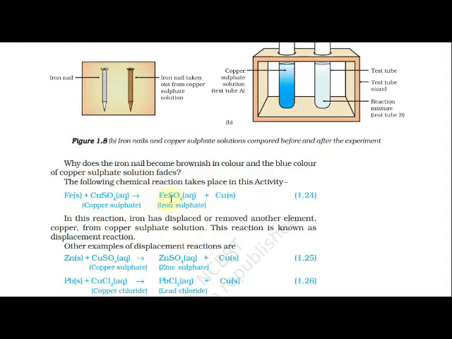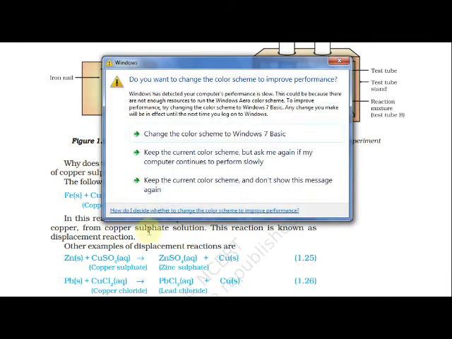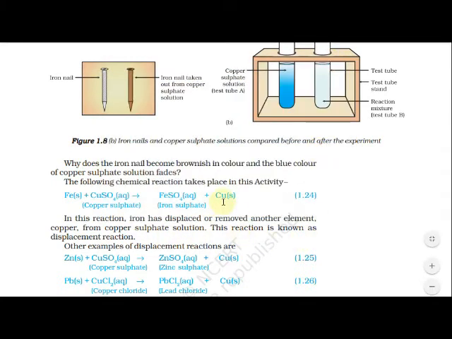Ferrous sulfate means iron sulfate in aqueous form. This ferrous sulfate solution is formed after the reaction, and the blue colored CuSO4 solution we have seen in test tube A. So CuSO4 turns into FeSO4 and Cu is displaced. Where is Cu displaced? It is displaced on the iron nail.